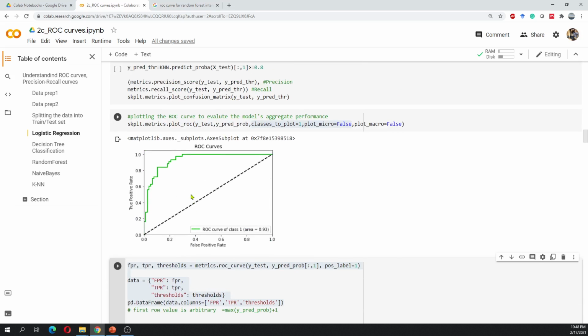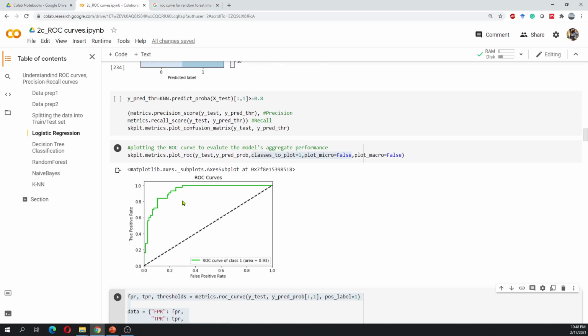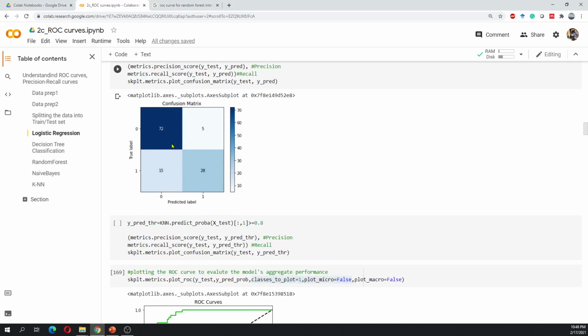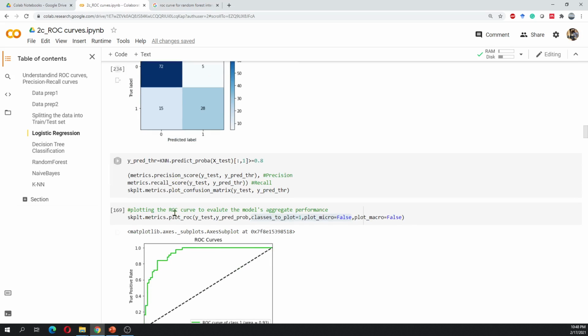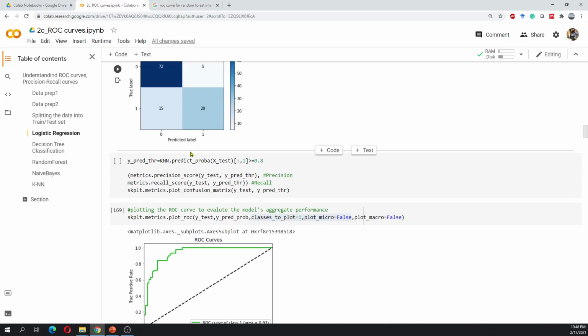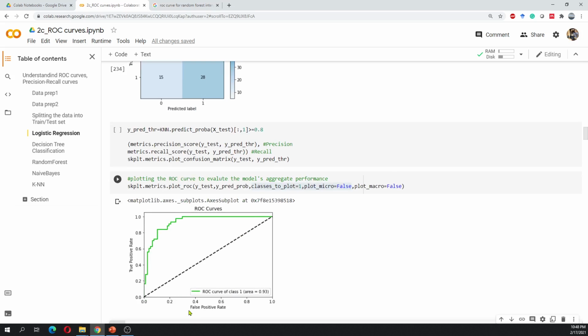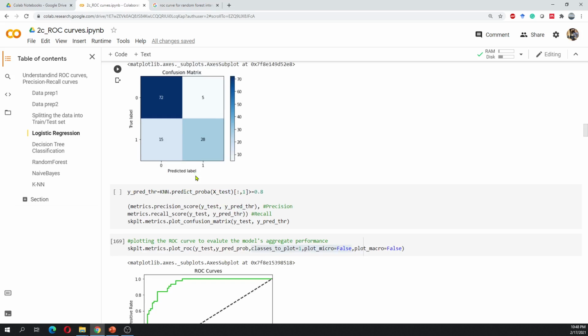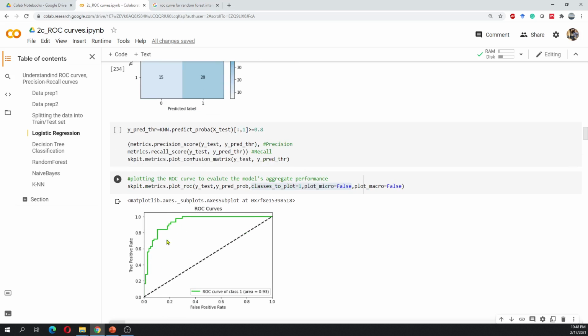So let's pick one of these thresholds and see how the confusion matrix would look like. Another reason we look at these curves is that I don't want to look at 25 confusion matrices, or 25 precision recall values, or TP FP values in a table. This way it's much easier to visualize what I want to pick.